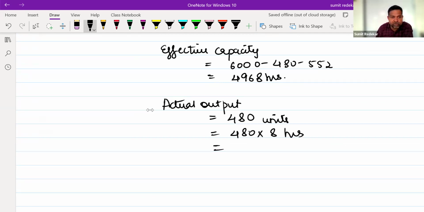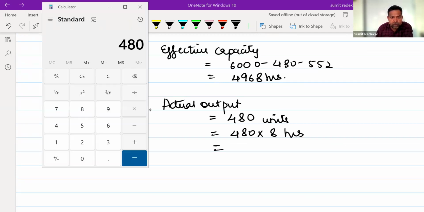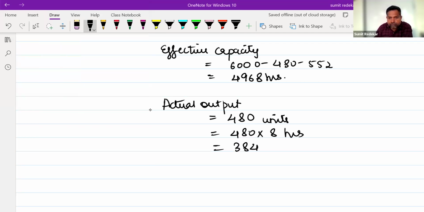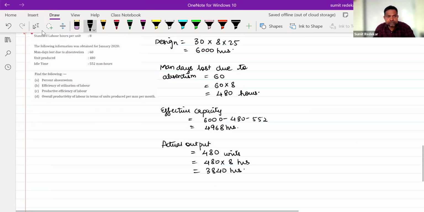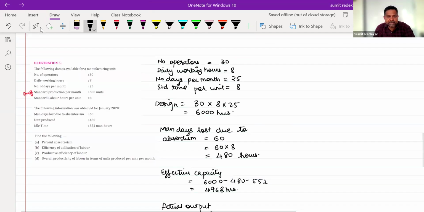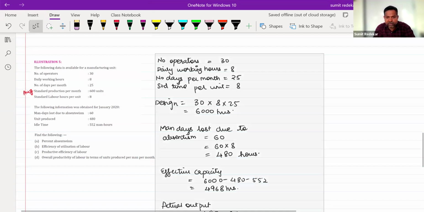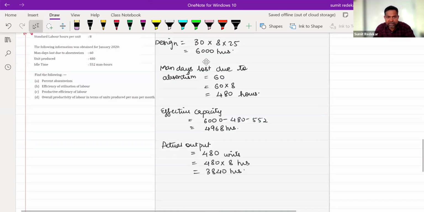So you are showing me an actual output of 3840 hours. So I have what is called a design capacity, an effective capacity, and an actual output. I have all the 3.